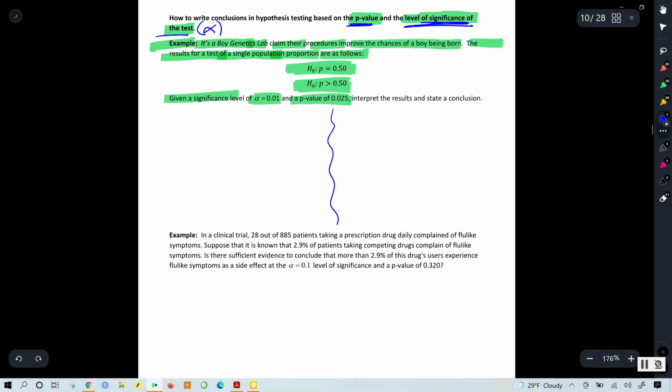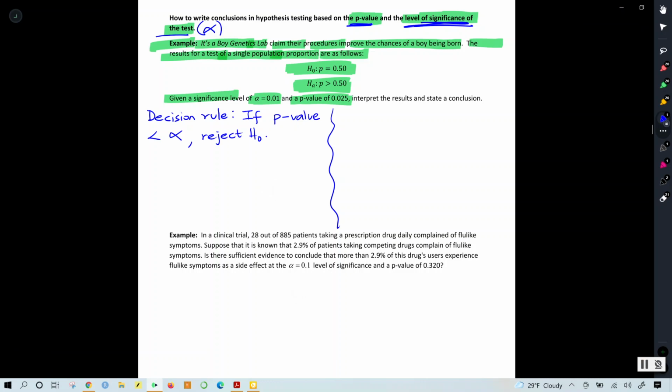Here is how we go about this. There is a rule we use, a golden rule all over the world, and it says that anytime the p-value is lesser than alpha, the level of significance of the test, you should always reject the null hypothesis. This is true in statistics everywhere.